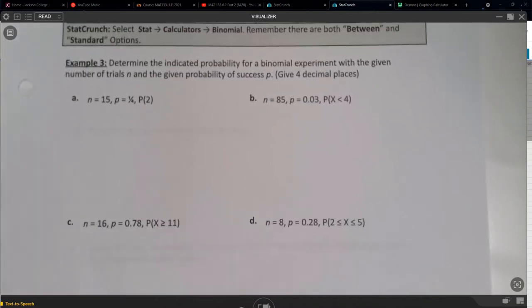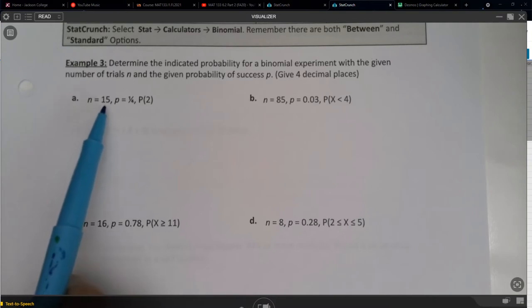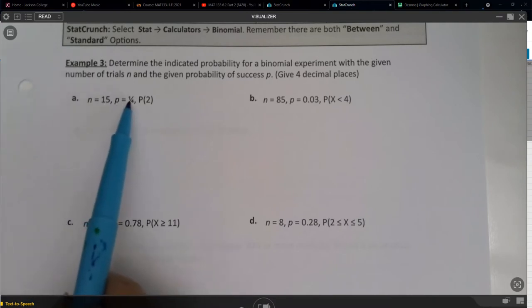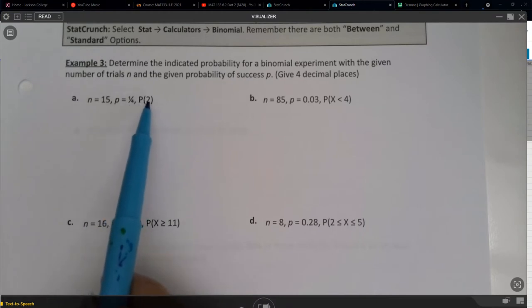Okay, so let's go down here. We want to determine the indicated probability for a binomial experiment with the given number of trials, n, and the given probability of success, p, and we want to give 4 decimal places in our answers. Looking at letter A, we see that n is equal to 15, p, my probability of success, is 1/4, and they're saying P(2), which means the probability of 2.